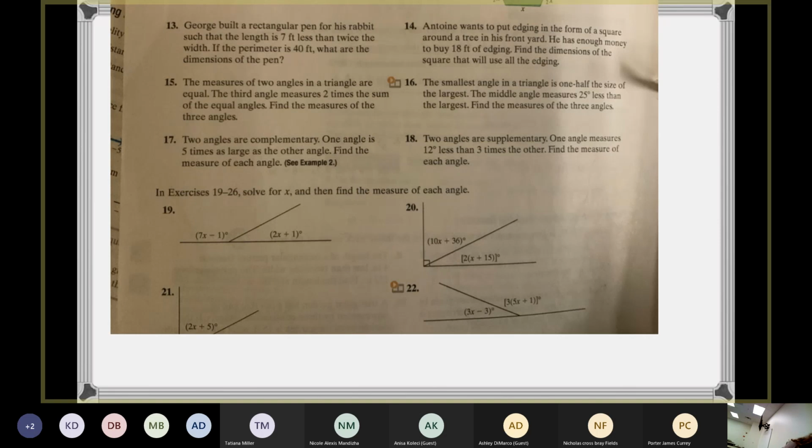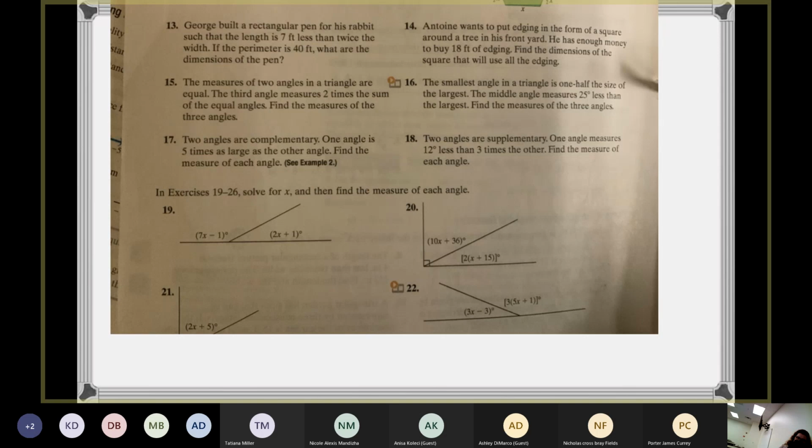Okay, that's on page 32. These are some typical problems on geometry. Let's take a look at 19 first. In 19 and 20, you already have the graphs given, which is hopefully easy.